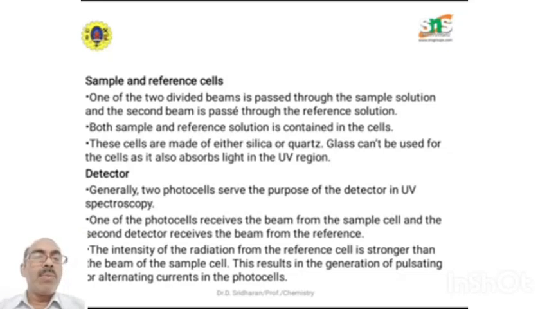Detector: generally two photocells serve the purpose of the detector in UV spectroscopy. One of the photocells receives the beam from the sample cell and the second detector receives the beam from the reference. So both results are interpreted and we can get the results.